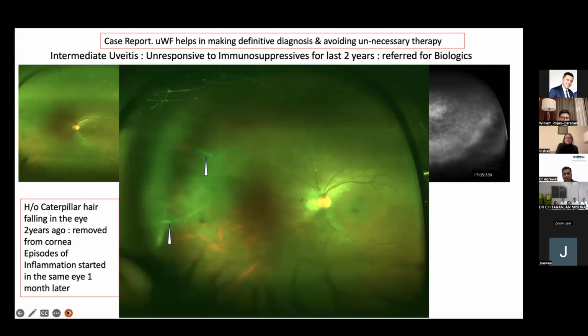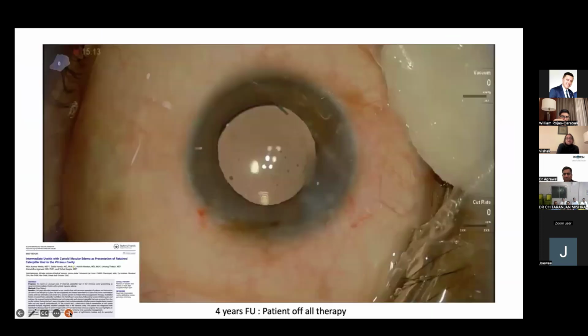Some surgeon removed it from the cornea, but after that, he said the inflammation of the eye started in the same eye a month later and has been persisting since then. But nobody paid attention to these. So that's the importance of clinical exam.